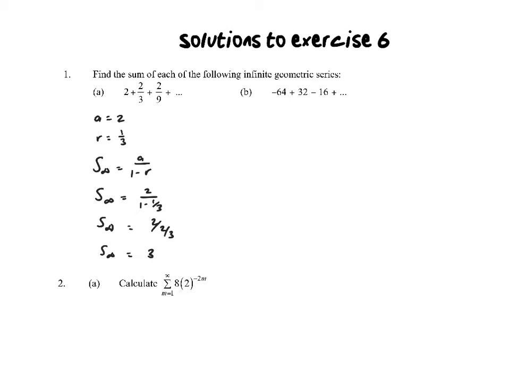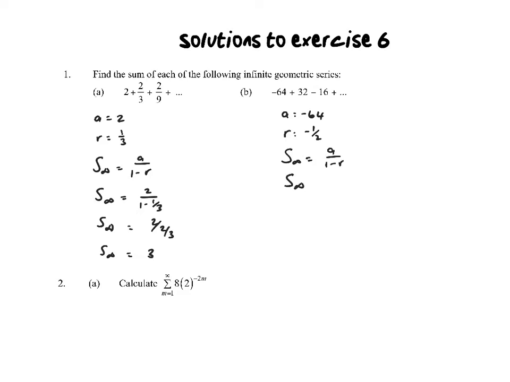So the next question, that was question B. Find the sum. The first term is minus 64. The ratio now is equal to negative a half, right? The sign changes every other term. 32 divided by minus 64 is minus a half. Minus 16 divided by 32 is minus a half. So we find the sum, a over 1 minus the ratio.